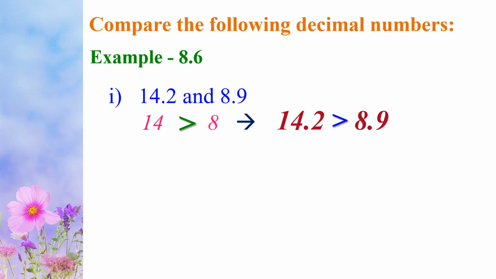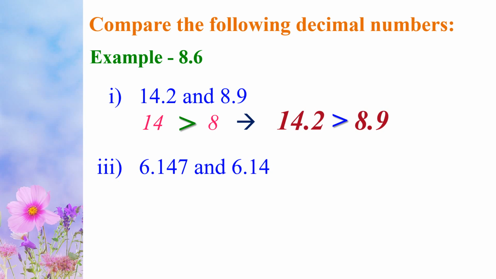The next problem, 6.147 and 6.14. Here the given decimals are unlike decimals. So we first convert the given decimals into like decimals.